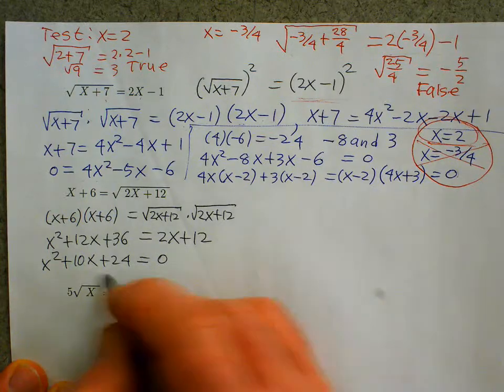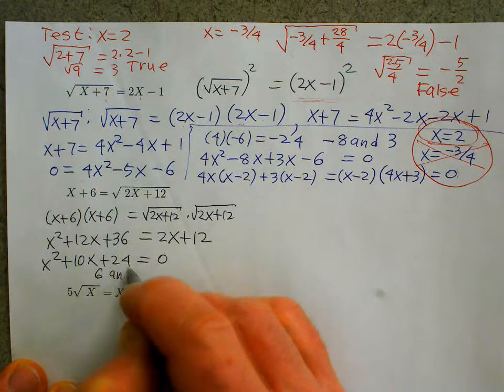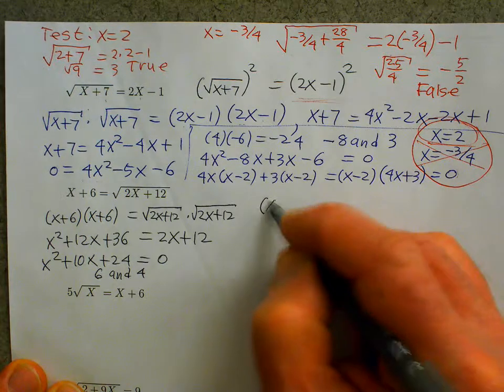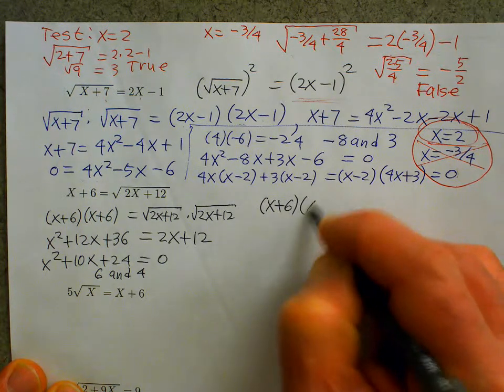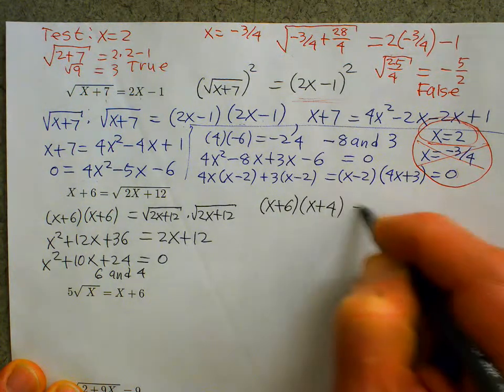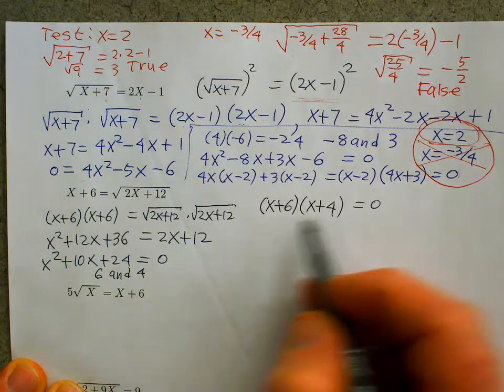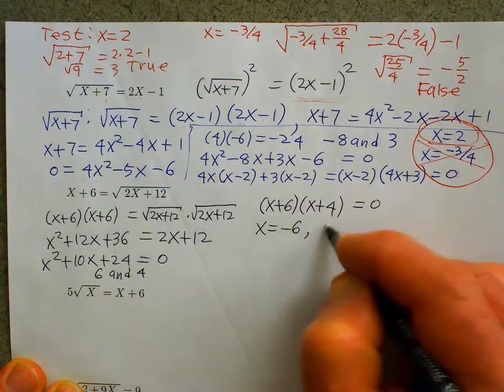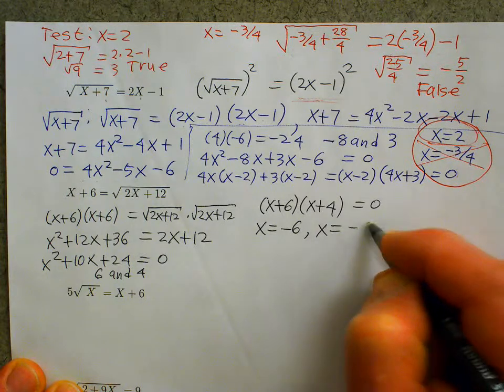So I'll make a note of that, 6 and 4. So we can write the factors as x plus 6 times x plus 4 equals 0. And the quadratic equation has two solutions, x equals negative 6 and x equals negative 4.